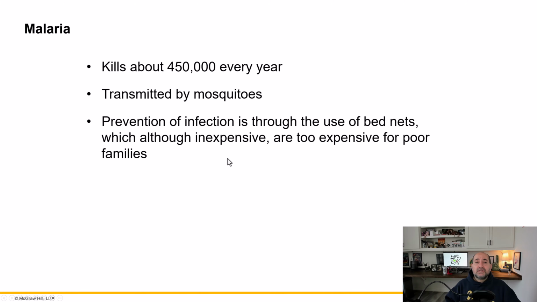And recently, a vaccine has been produced against malaria, which is very promising and very exciting. But getting that vaccine to susceptible populations is a challenge. But again, an example of a communicable disease that causes many deaths is malaria. We're going to talk more about the pathogen that causes malaria, a type of protozoan called Plasmodium, later on in another chapter.